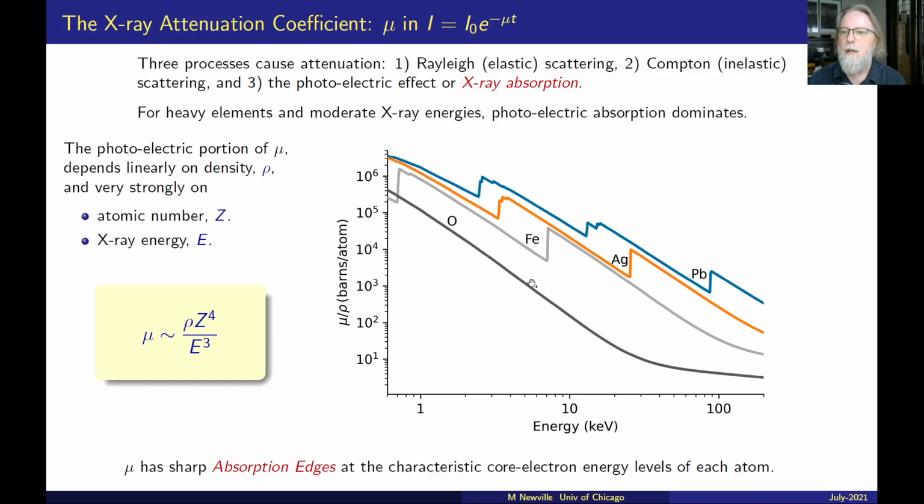And you can see that on a log scale, even the intensity, the mu value changes dramatically with Z and also dramatically with energy, dropping precipitously with energy. And this is what leads to making it useful for X-ray imaging.